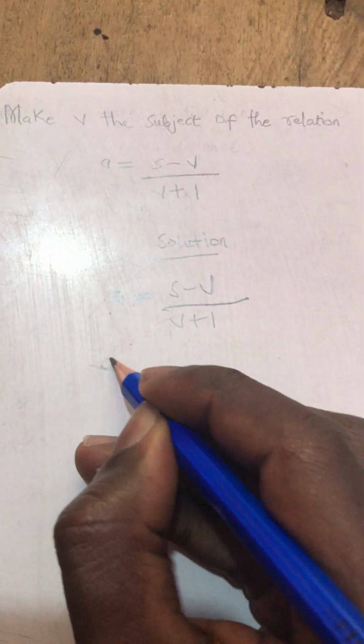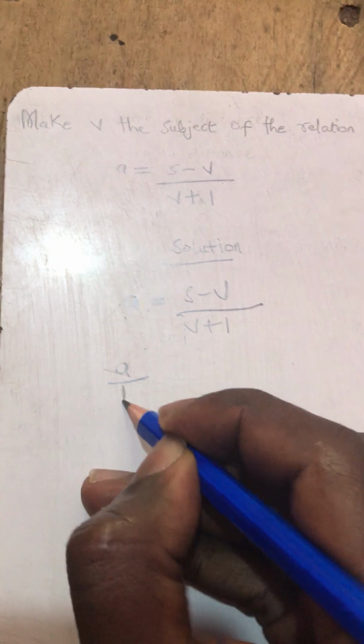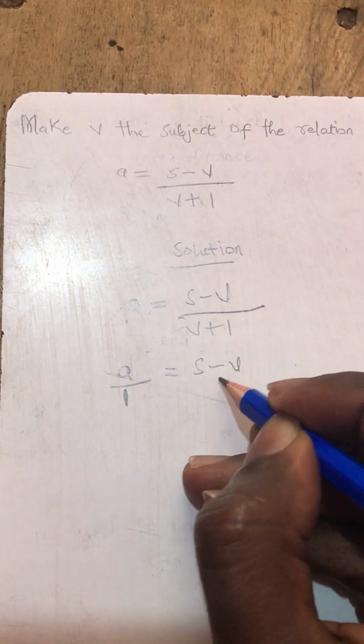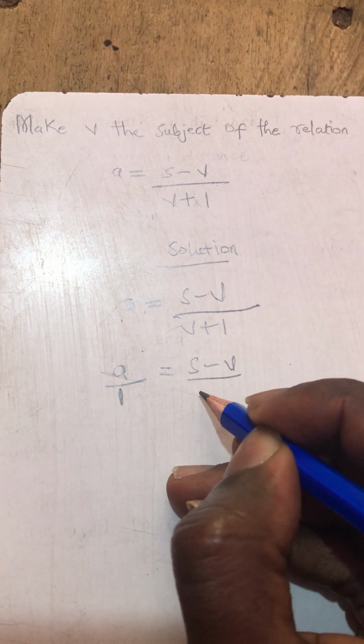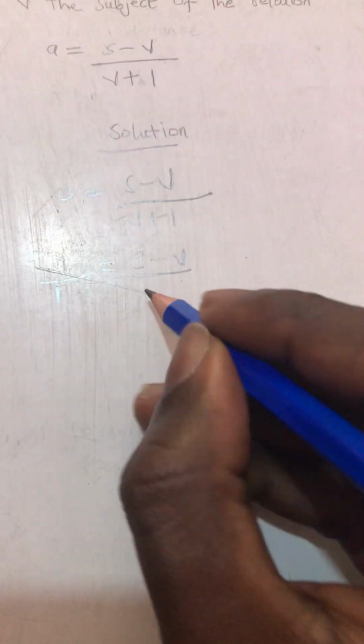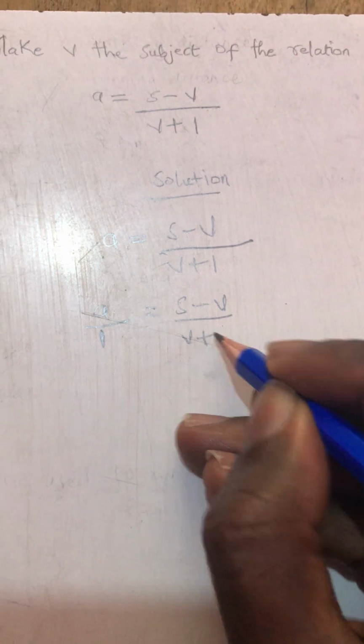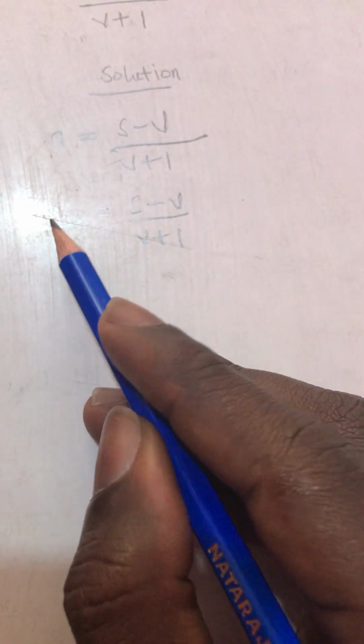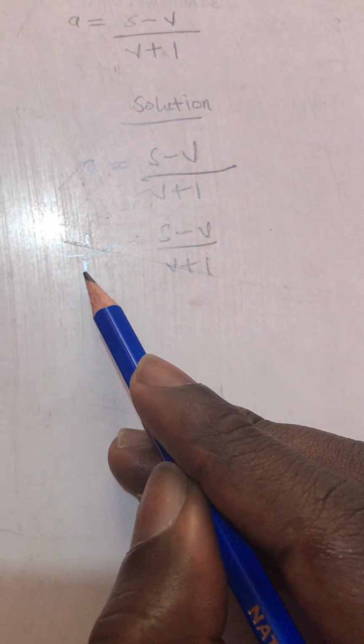So yeah, this a is divisible by 1, and we have the fraction (s minus v) over (v plus 1), right? So this a is divisible by 1.